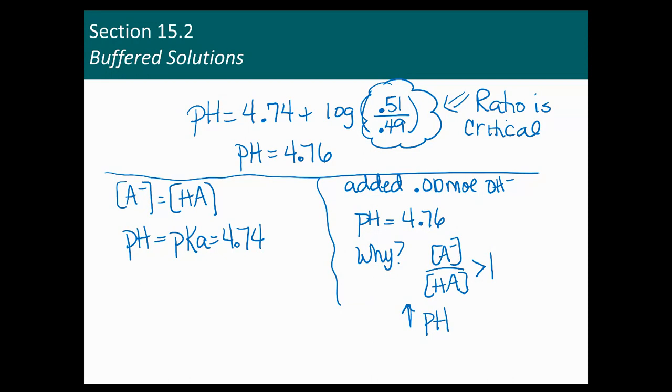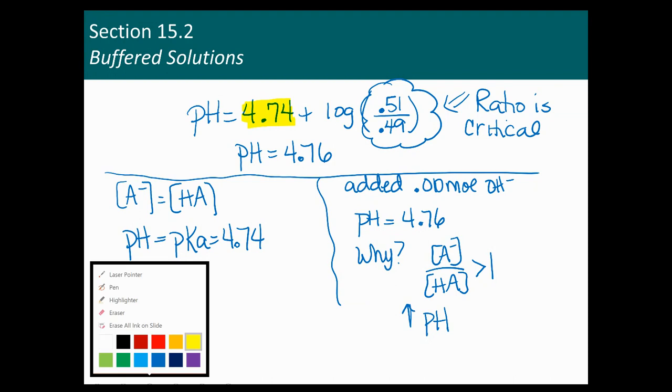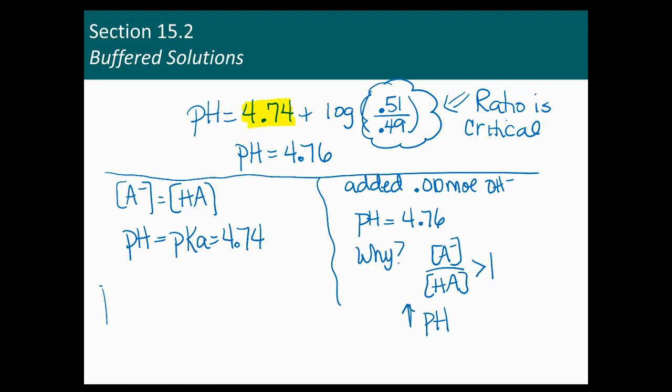Now, the other thing I want you to realize is that buffers are only going to work around a pKa, a pH that's around the pKa. So if we look at this idea, and we'll come back to it again, this particular buffer system is going to hover around a pH of 7.4, and more specifically, the pHs that this buffer is going to be useful for are pHs that are plus or minus 1 unit from the pKa.